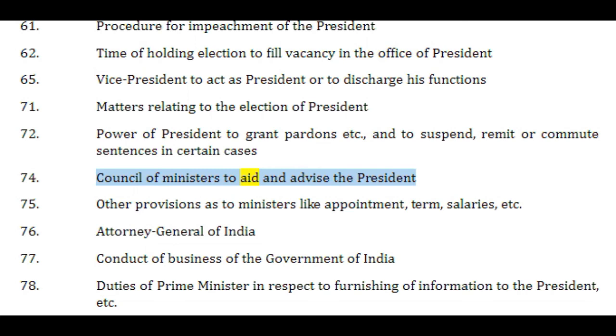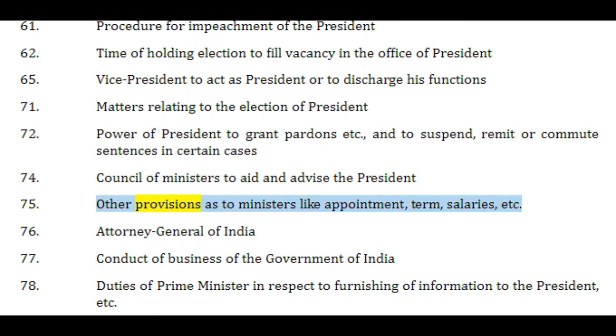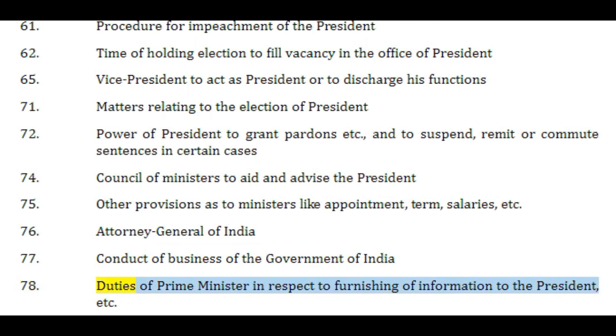Council of Ministers to aid and advise the President. 75. Other provisions as to ministers like appointment, term, salaries, etc. 76. Attorney General of India. 77. Conduct of business of the Government of India. 78. Duties of Prime Minister in respect to furnishing of information to the President, etc.